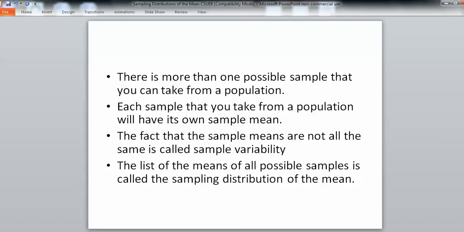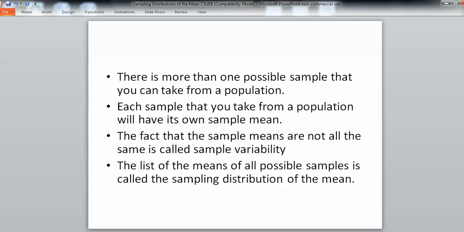Now, if I recruited 20 people from the population, then I would be drawing from the possible samples of 20 that might be selected. And in that case, if I wanted to know all of the possible combinations of 20 that I might have selected, I would have to sort out the population into all possible combinations of 20 people.